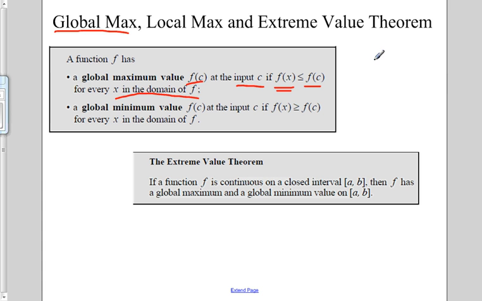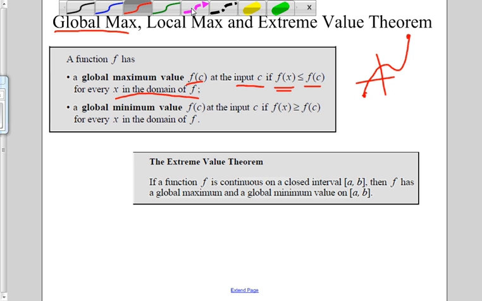For example, if this is my function, the green dot is a local max, but the blue dot is my global max.